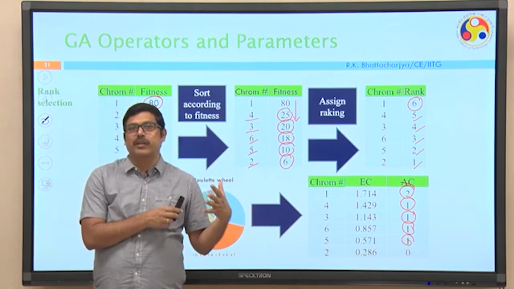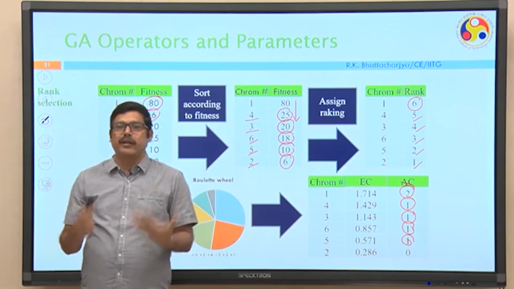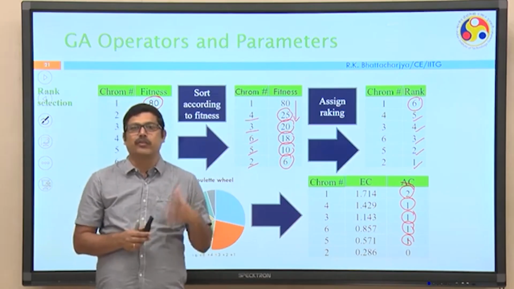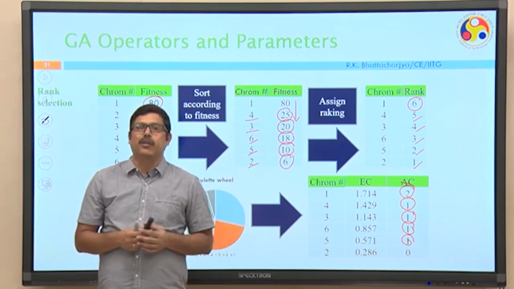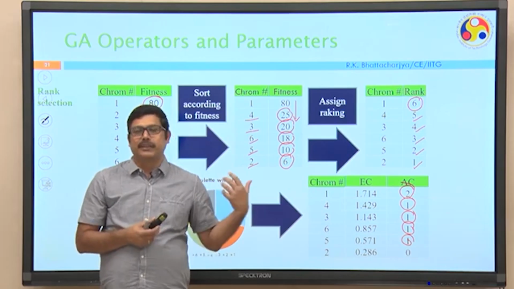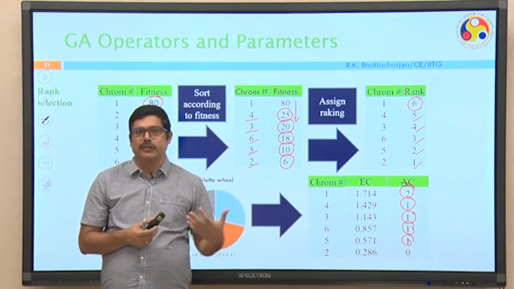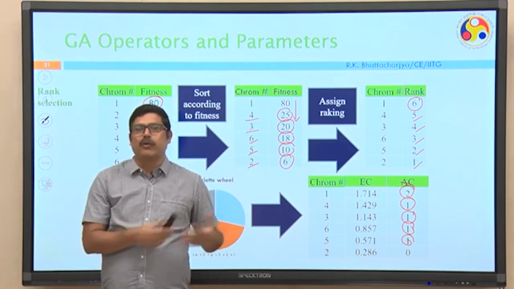So, if you have 6 solutions, after operating the selection operator, you should get another 6 solutions. These are the properties of the selection operator. You can have your own selection operator which fulfills this function, or, as I have discussed, you can use one of them.